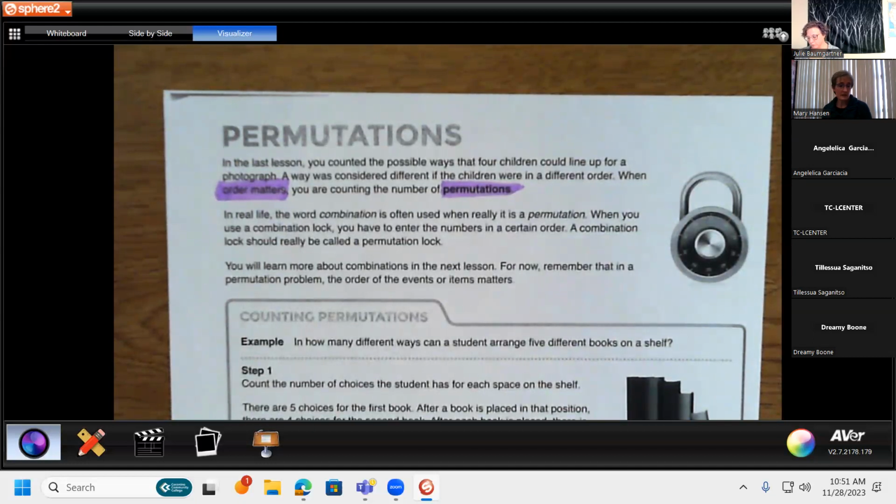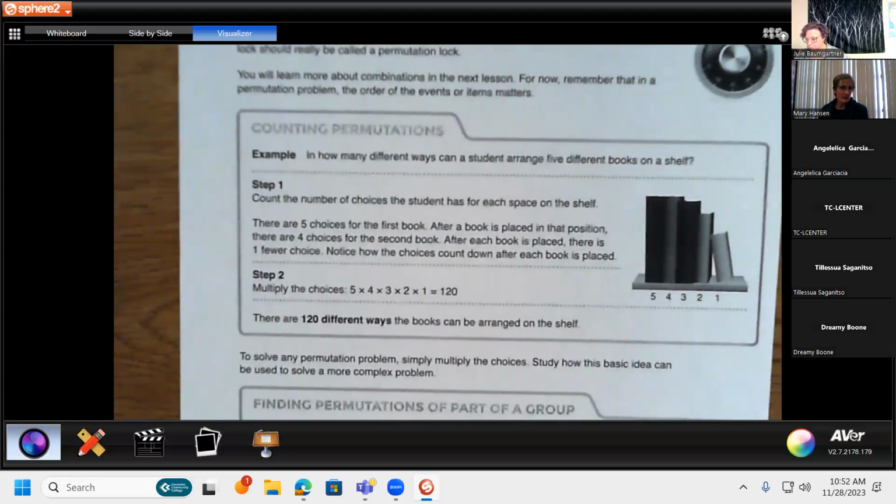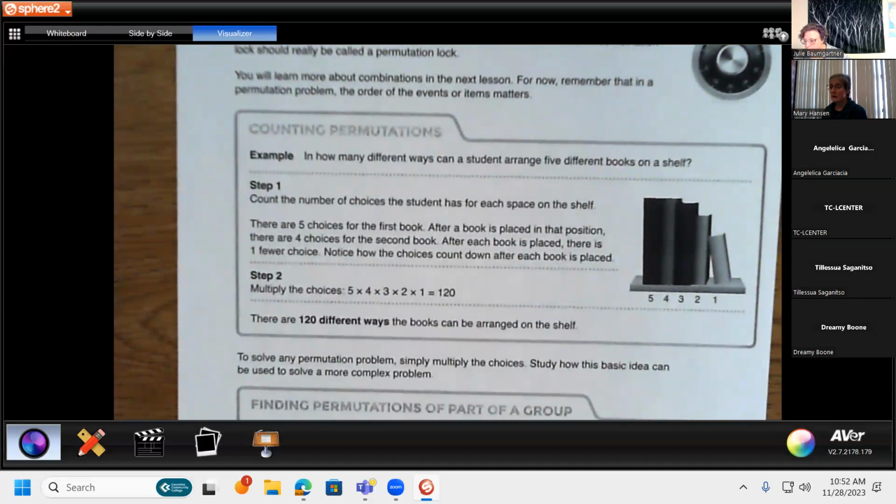The order of the numbers matters. And so we're going to look at combinations later. We're going to start with permutations. This is the same problem as ordering the children in the photograph or putting the TV shows in order. But now we're going to be able to do problems with bigger numbers because we have a shortcut math way to do it.